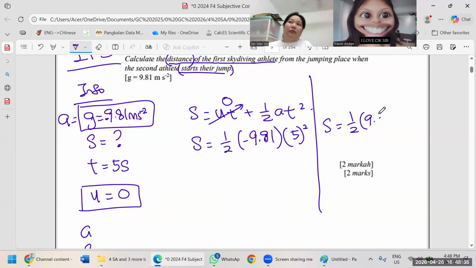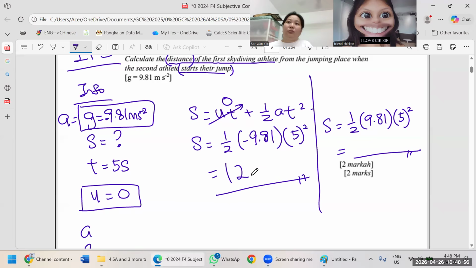For me, you put positive or negative doesn't matter, it means you set going down as positive. Anyway, the magnitude you calculate would be the same. 122.625. Let me check. I think it will be.